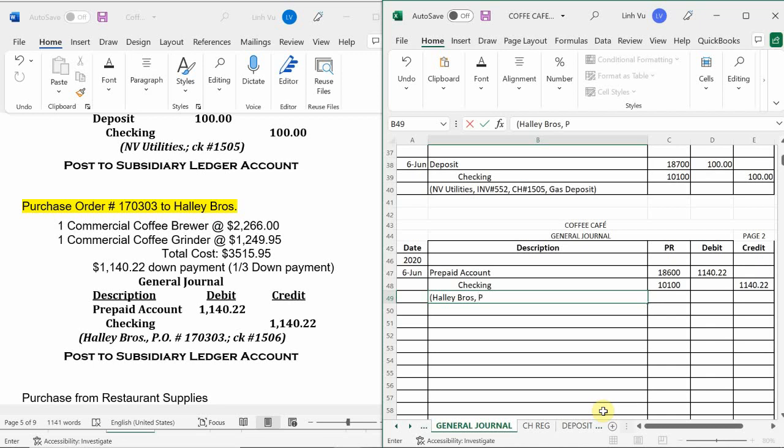So in this case, I'm going to put my purchase order number 17303, purchase order number 170,303. Okay. And it's just supposed to be 1/3 down payment.